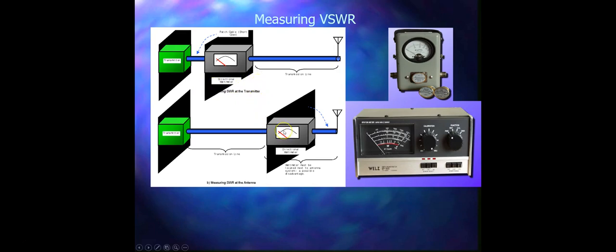This directional wattmeter is connected between a transmitter and a transmission line, or between the transmission line and a load. So it measures the radio frequency power flow between its input and output connectors.